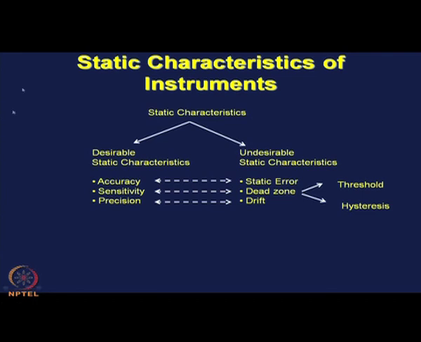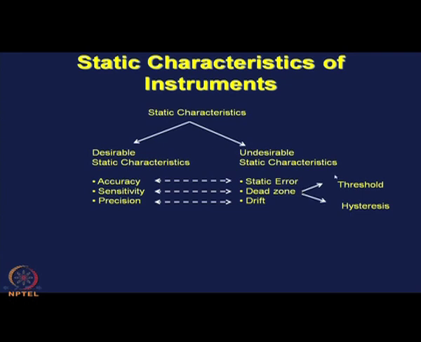Under desirable static characteristics, we have accuracy, sensitivity and precision. Similarly, under undesirable static characteristics, we have static error, dead zone and drift.